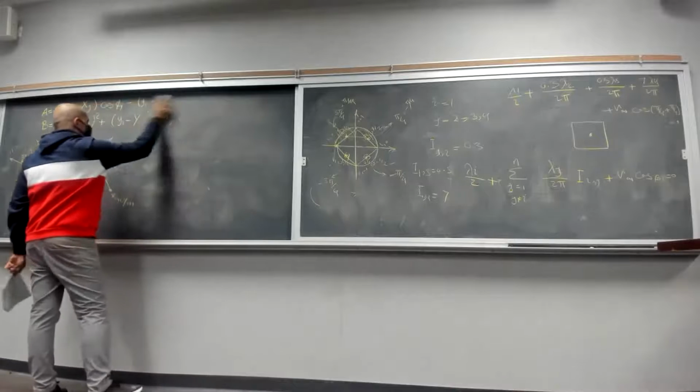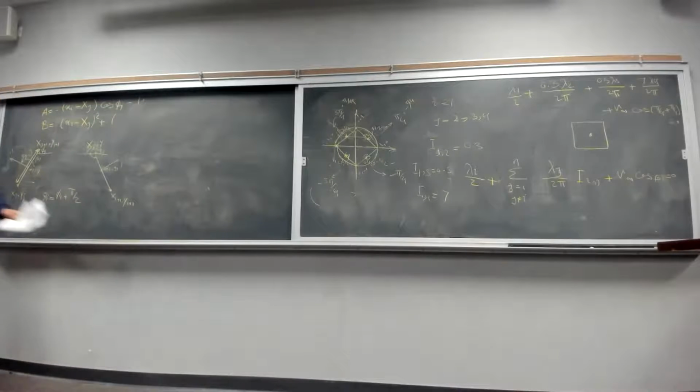What are lambda 1, lambda 2, and lambda 3? Essentially they are the strengths of the sources you need to maintain non-lifting flow over a cylinder, right? Those are the source strengths you need.